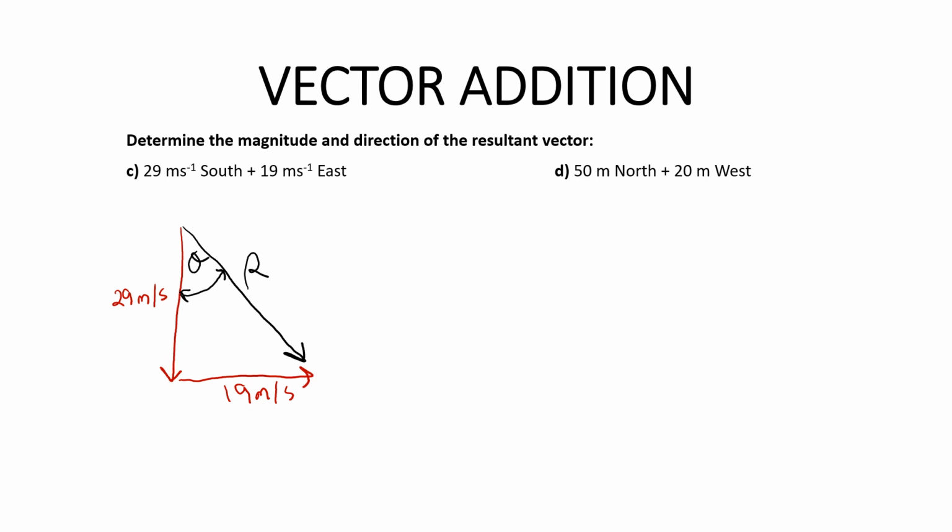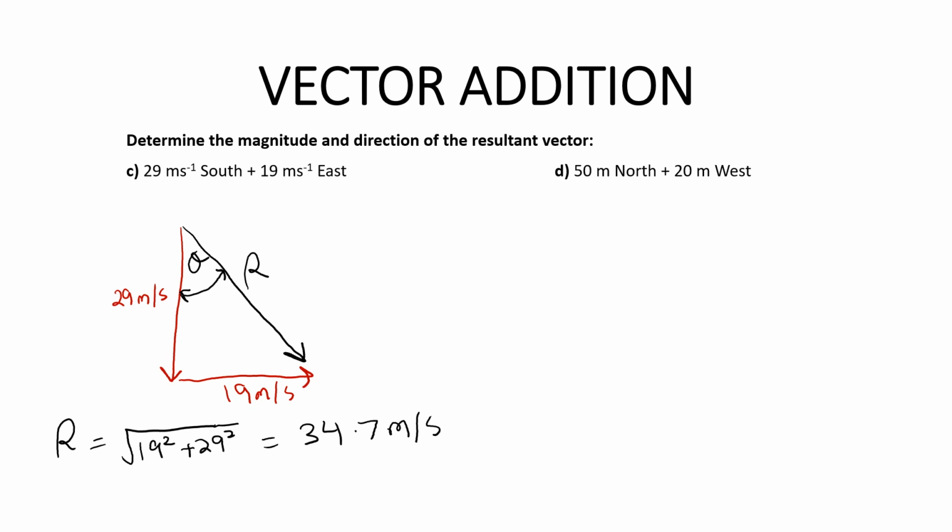And in this case, because we have a right angle triangle, we can use Pythagoras theorem to find the value of r. So r is equal to the square root of 19 squared plus 29 squared, and this equals to 34.7 meters per second, and tan theta is equal to opposite over adjacent.